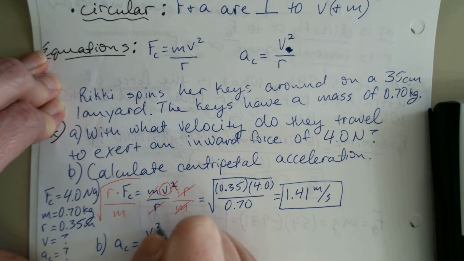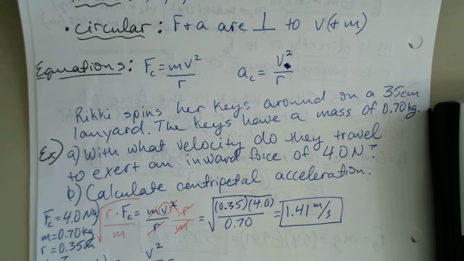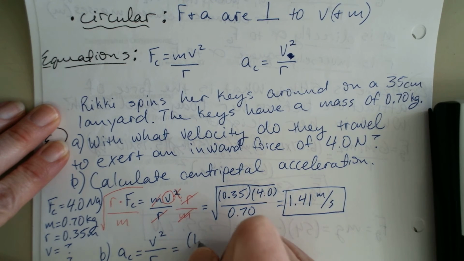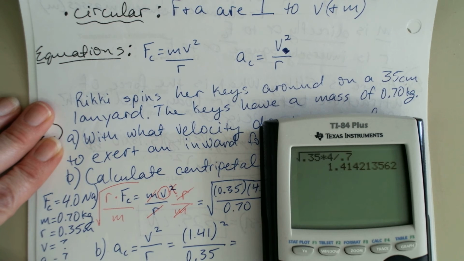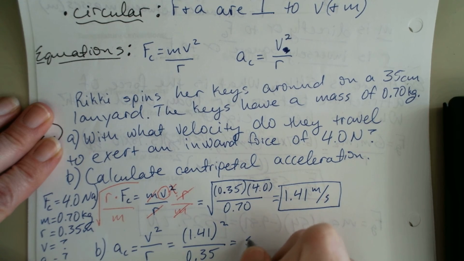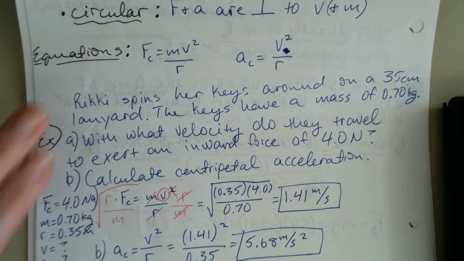So V squared over R. So 1.41 squared over 0.35. Okay, and you get 5.68 meters per second squared. And that's your centripetal acceleration.